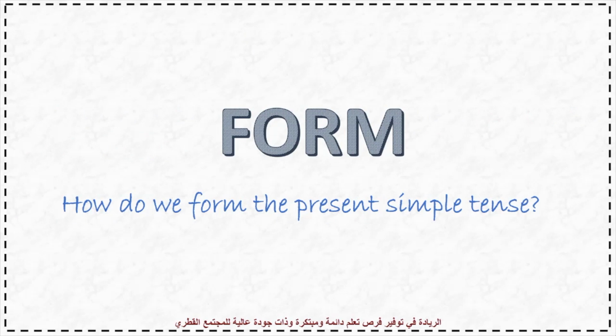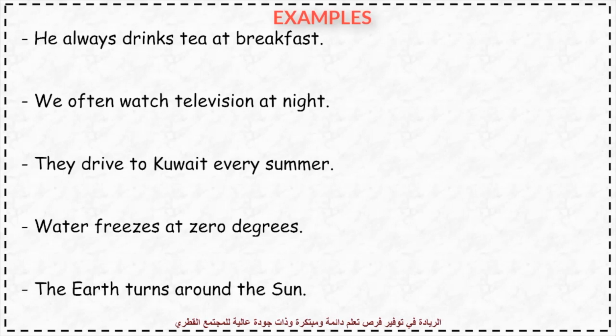Clear, right? Now let's move on to learn how to form the simple present tense. And this requires us to have a look back at our examples. Here again they are. Okay guys, I want you to go through these examples and find out how the verbs are formed. In the first example, the verb is drinks, right? In the second one, it's watch. The third, drive.